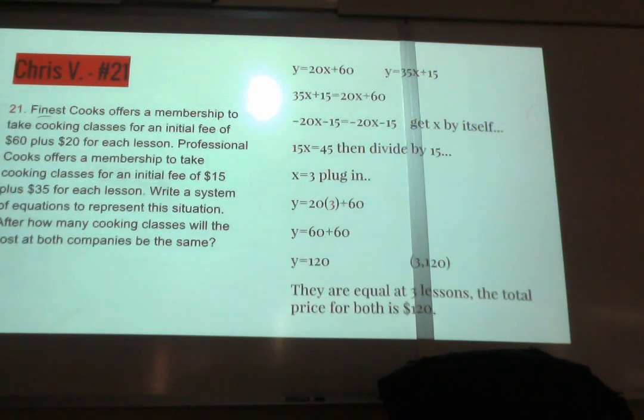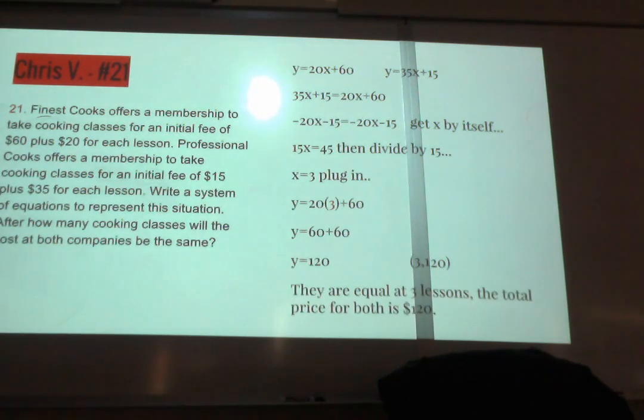Okay, now take a look at the problem. Finest Cooks offers classes for an initial fee of $60 plus $20 for each lesson. How do we know which one to put with the x, the 60 or the 20? It's the additional price, and it's per lesson. So that's why it has a variable.